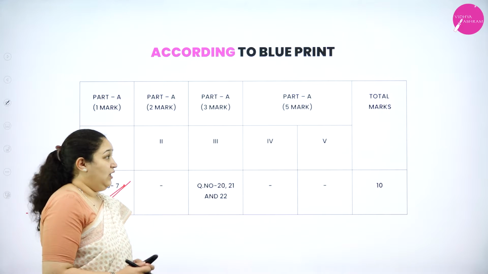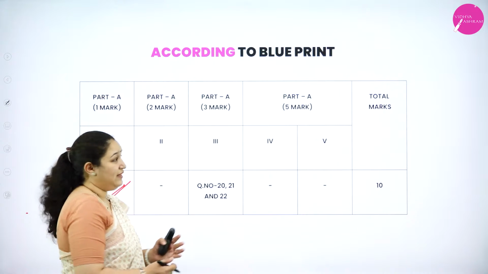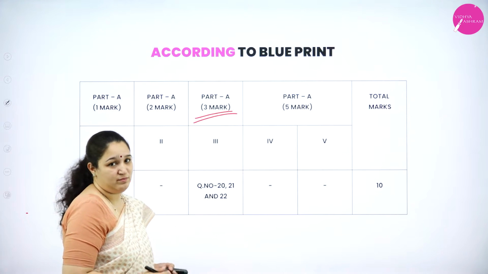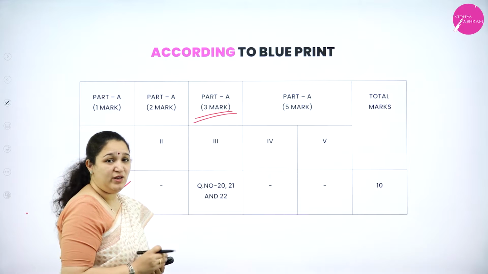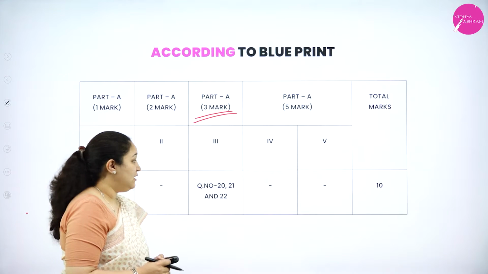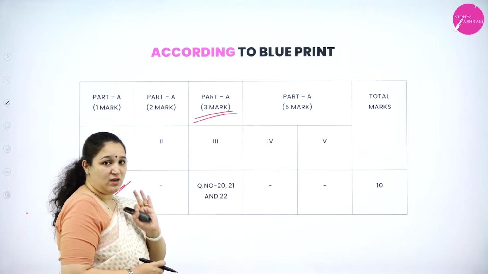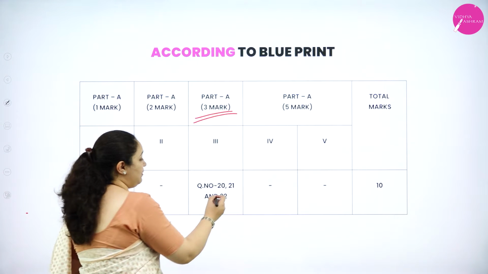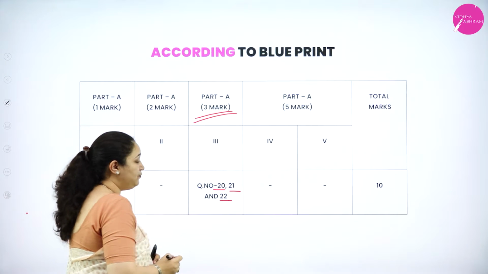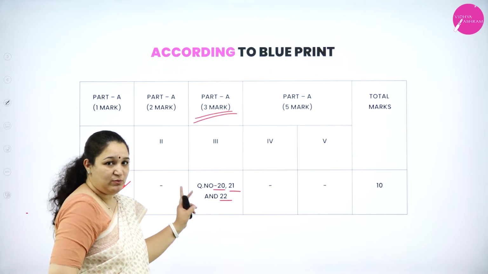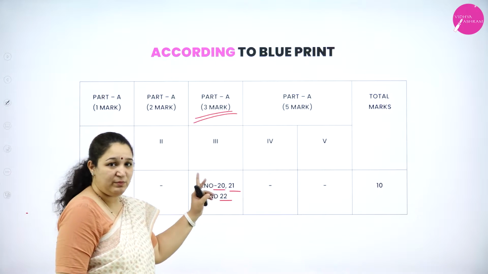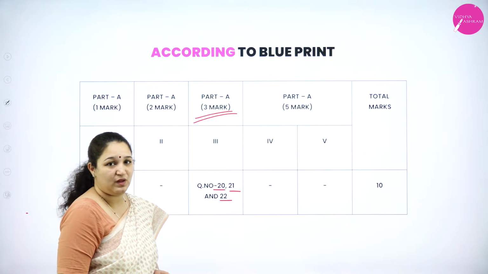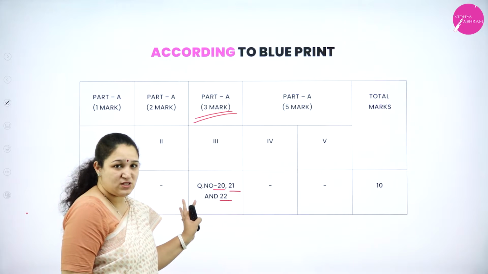Whereas under part 3, that is a 3 mark question. Why 3 mark question? Because this chapter belongs to inorganic chemistry, isn't it? Thus you have questions carrying 3 marks. So you can expect 3 questions, that is question numbers 20, 21 and 22. One question will be from group 15, one question from group 16 and one more question from group 17. Okay, so that's how the questions are going to come.